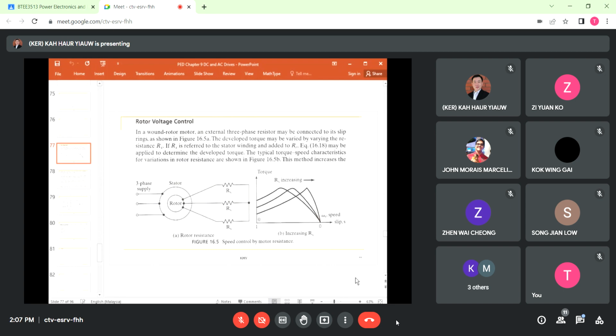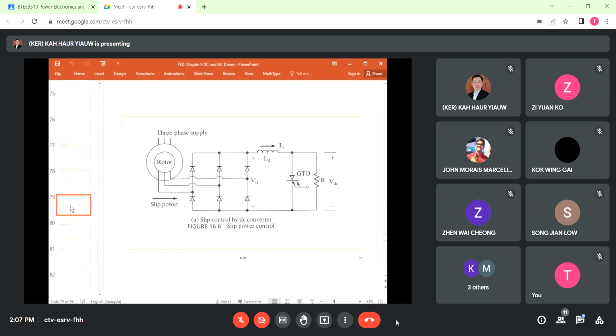The three-phase resistor may be replaced by a three-phase diode rectifier and a DC converter, as shown in this figure here, where a GTO or an IGBT operates as a DC converter switch.